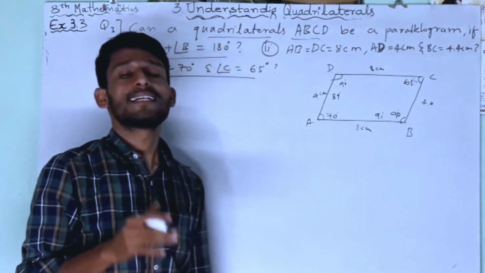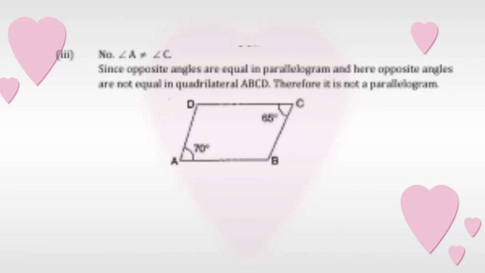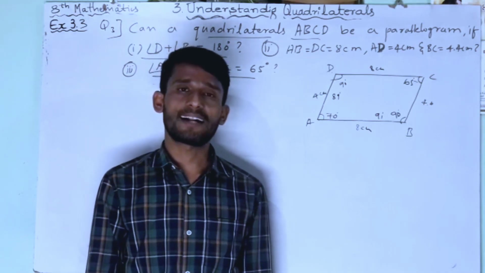Now we can write the answer. Angle A does not equal angle C. Since opposite angles are equal in a parallelogram, and here opposite angles are not equal in quadrilateral ABCD, therefore it is not a parallelogram.